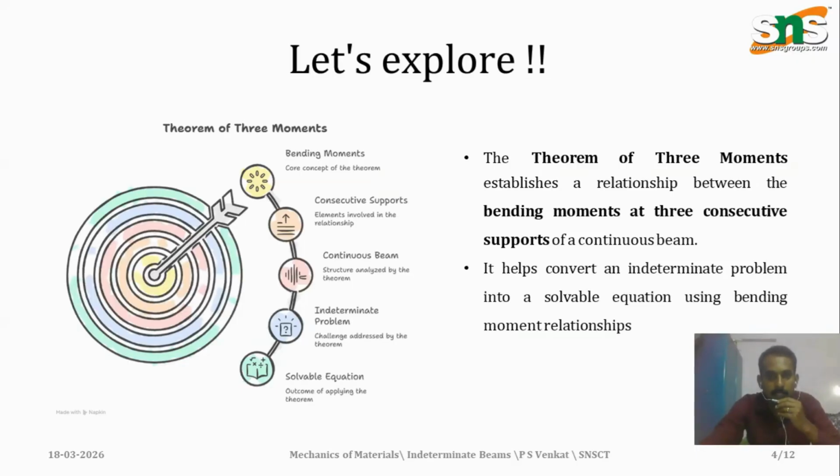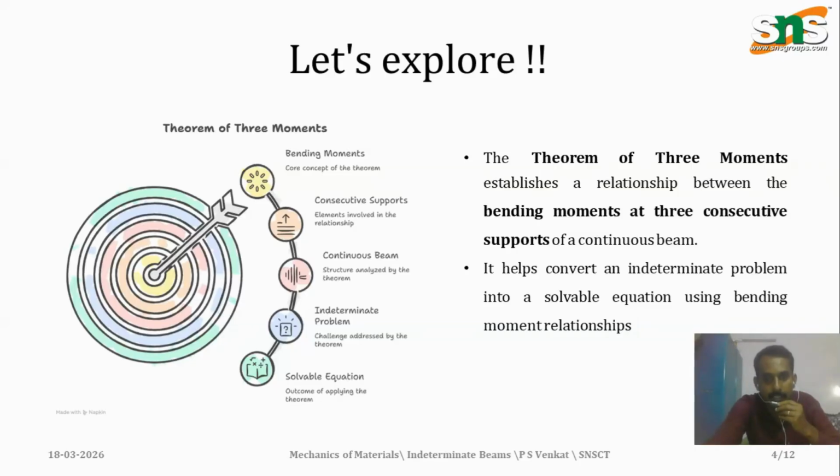The theorem of three moments establishes a relationship between bending moments at three consecutive supports of a continuous beam. In simple terms, it connects the moments at supports A, B, and C, that is the three supports on a continuous beam. Why is this useful? Because instead of solving many unknowns, we convert the problem into a single equation involving moments.